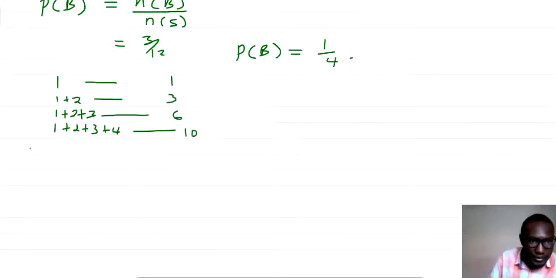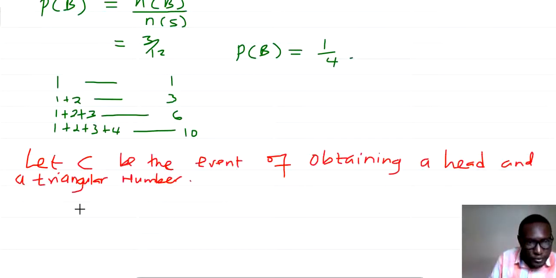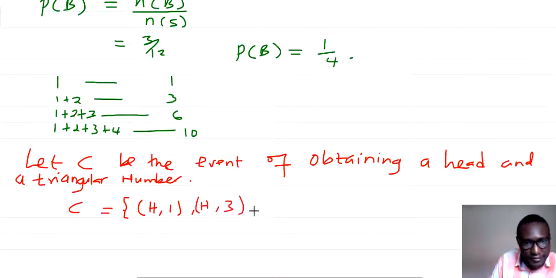So let me select C. We have set C, which is a set showing an event of obtaining a head and a triangular number. This set has the pairs head and a 1, head and a 3, finally head and a 6. So this is our set.